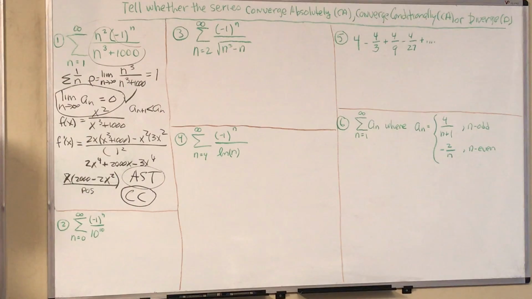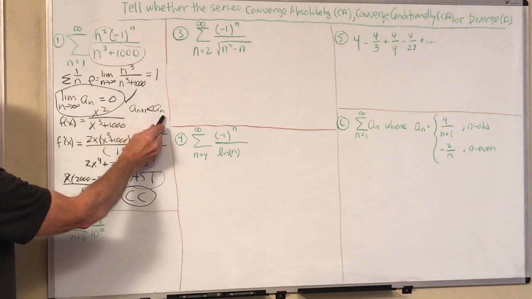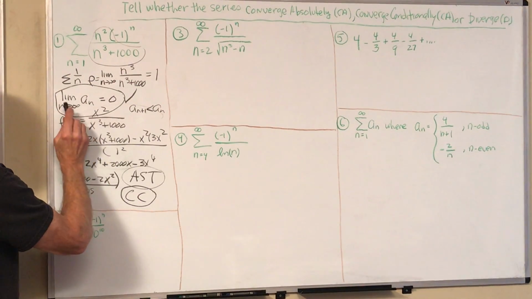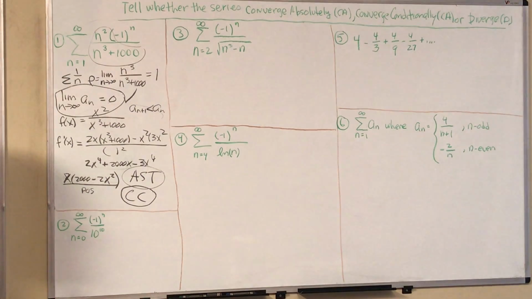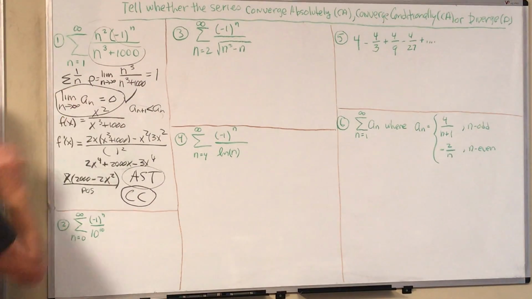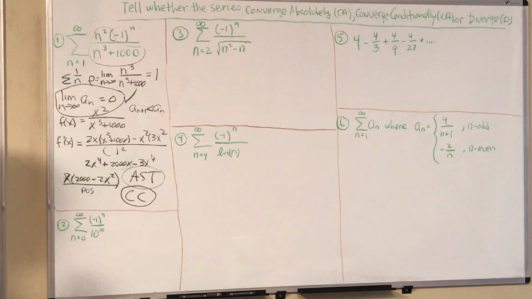So I've let my students get away with not doing this part of the test and just show that the terms go to 0. As long as they keep in their mind that yes, that other part really has to be satisfied. And I'll get to an example of that in a minute.